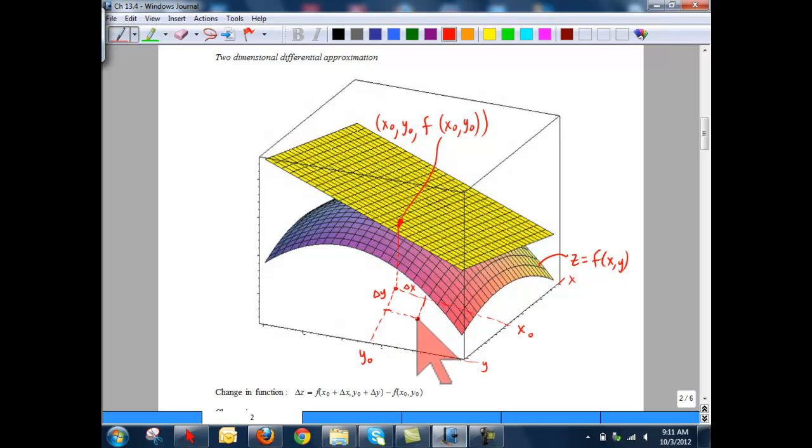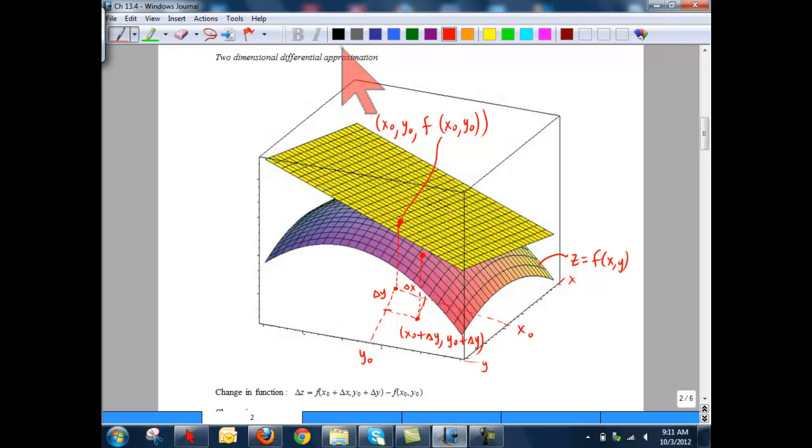And so that moves me to a new point here, x naught plus delta x, y naught plus delta y. And now I plug that into the function. So I go up until I hit the surface.